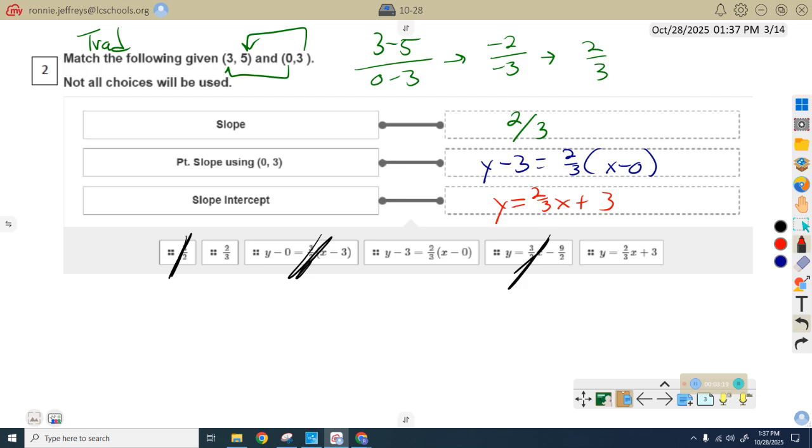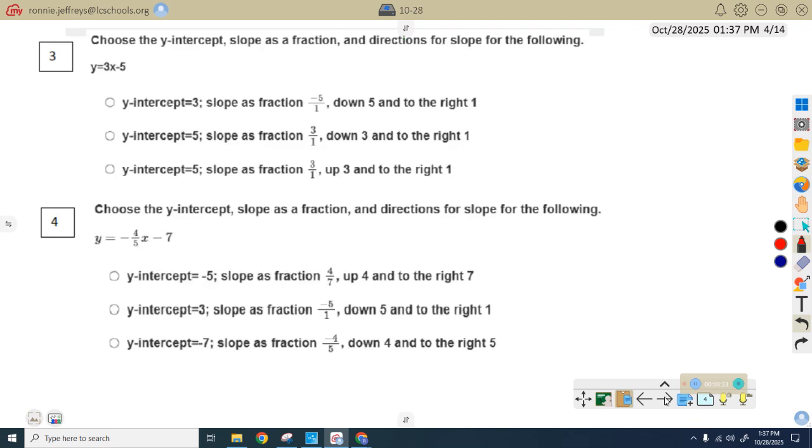All right. Any questions about number 2? Nah. All right. Number 3, this one had a typo. Nobody caught it. Everybody kind of kept on. All right. Our b is 5. This is the y-intercept is 3. This one's automatically gone. So now we go from a 33% chance to a 50% chance. All right.